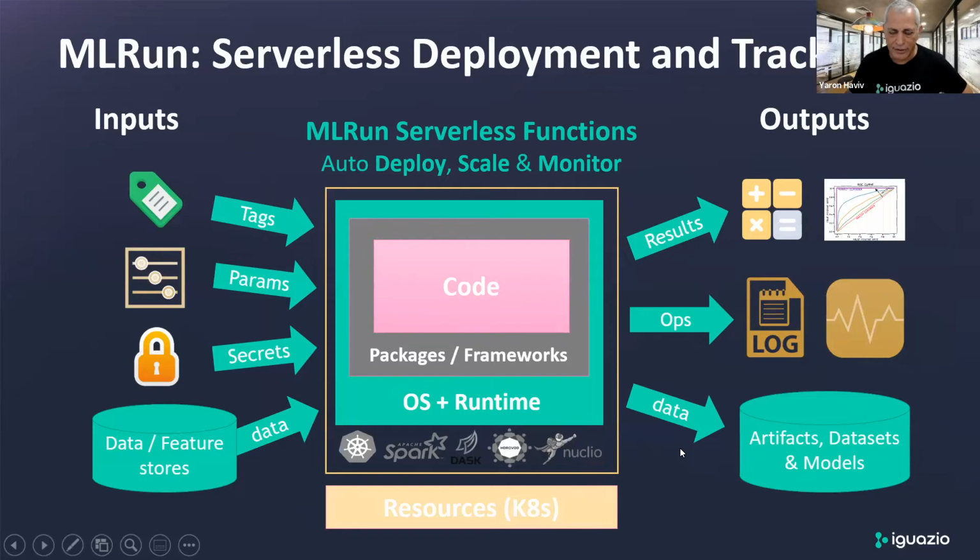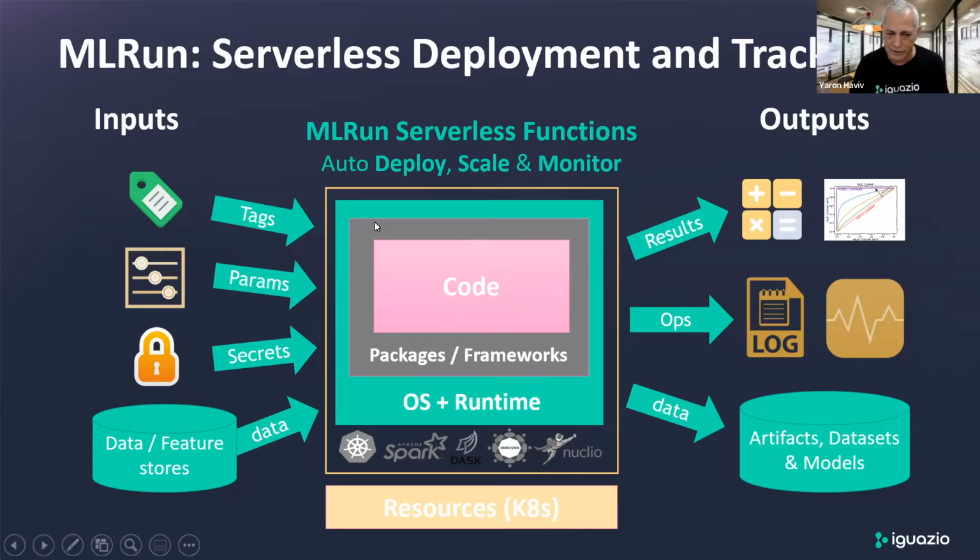The underlying thing in MLRun that everything else works on top of is this notion of serverless function architecture. What does it mean? It means that I can take a piece of code and push a button or make an API call that will take that piece of code and turn it into a fully managed and elastic service. How does it work?